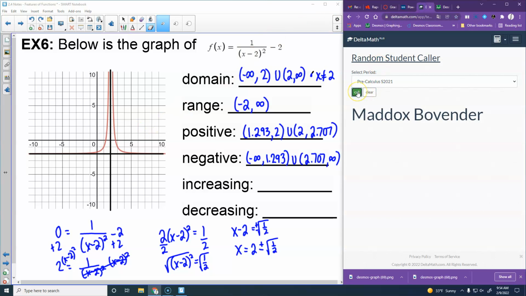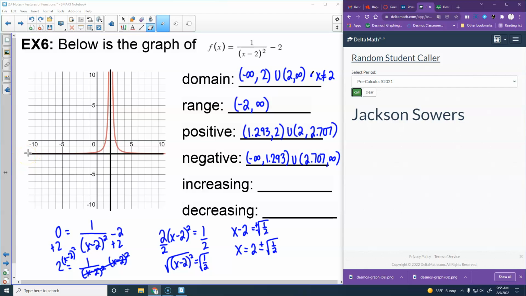And then, let's see, Jackson, where is this one increasing? Using the positive numbers, increasing from... So increasing, always start on the left-hand side when you're talking about increasing or decreasing.